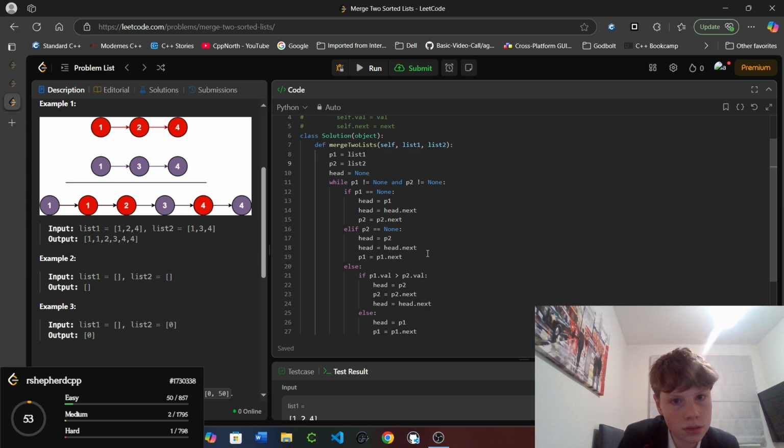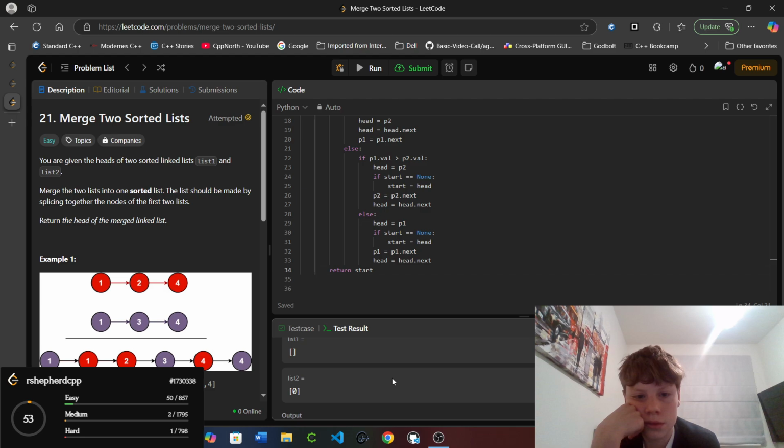At least we get the right first value. It seems that I'm not adding. If p1.val, head equals p1, I'm actually doing the exact same thing.